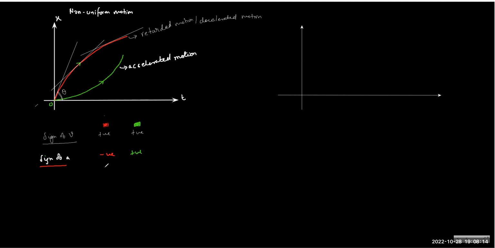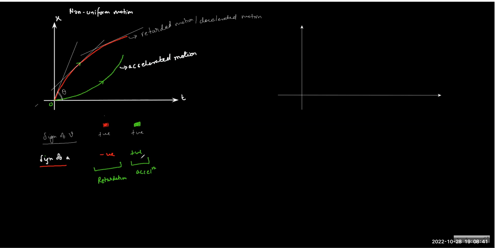Now what you need to remember is when the sign of V and the sign of A are reversed or opposite to each other, we call it retardation. And when we have the same sign, we call it acceleration. So accelerated motion is when the sign is the same.